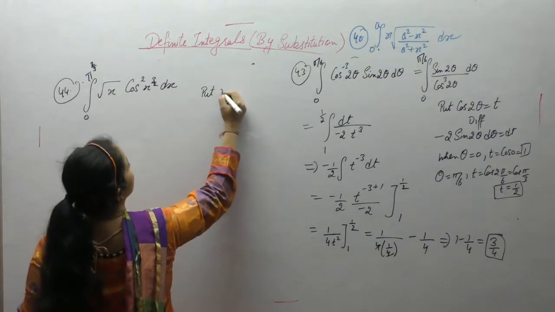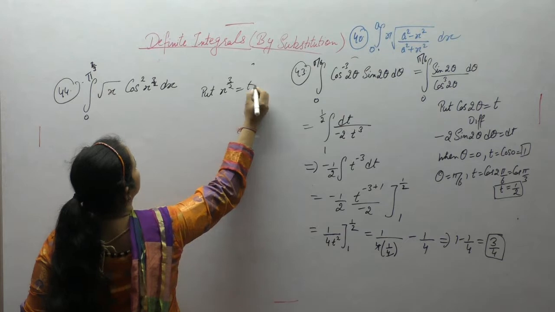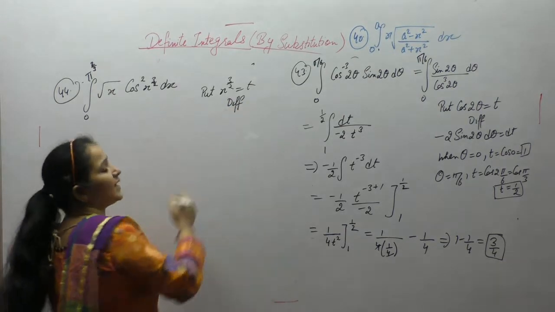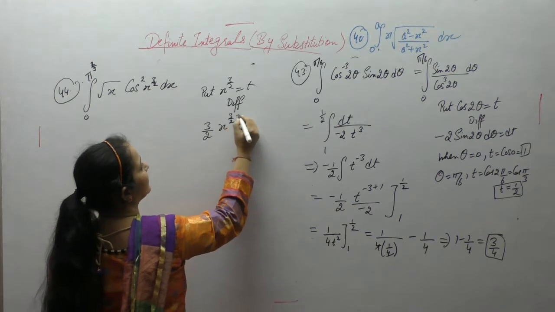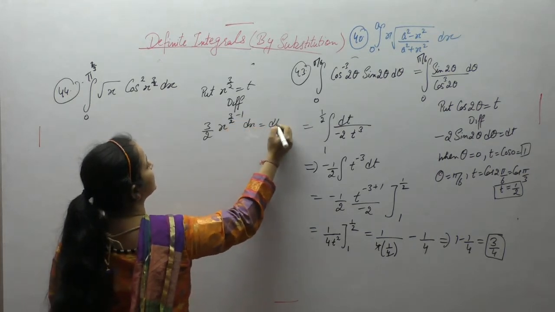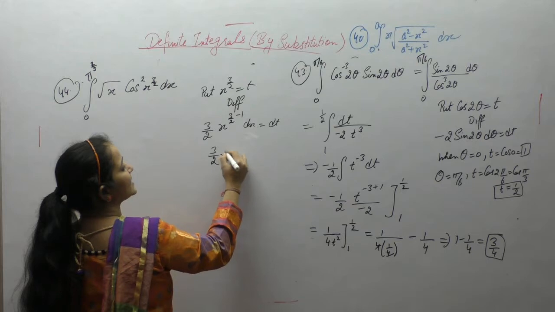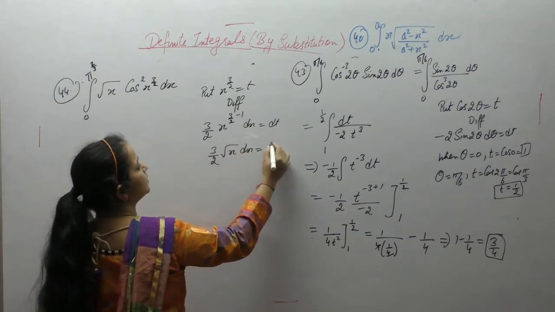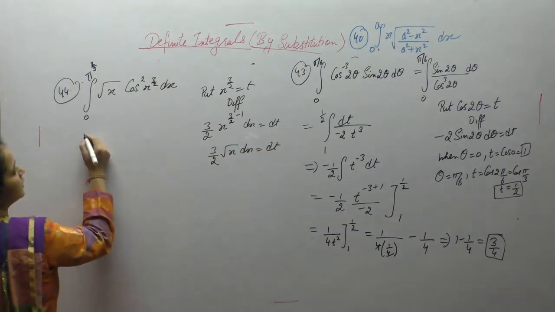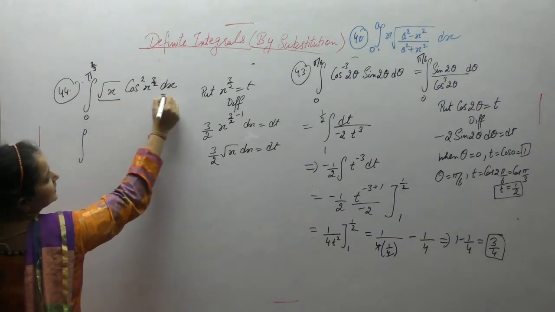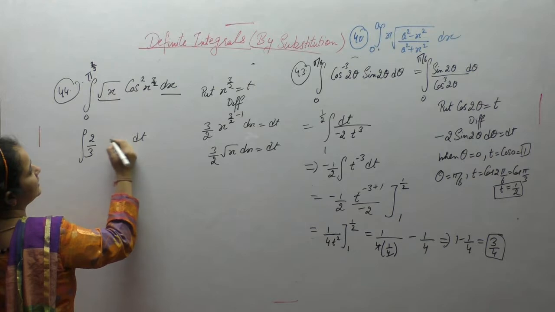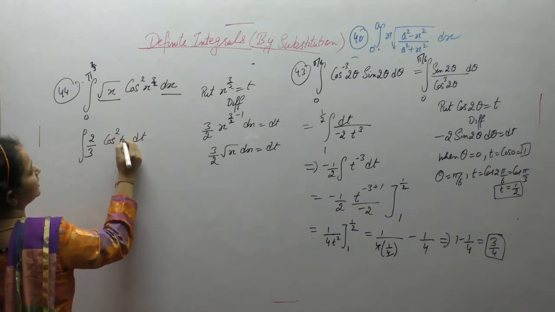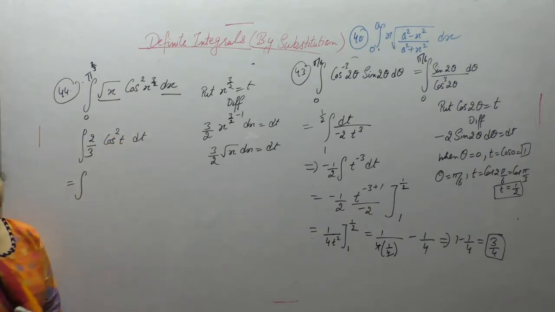So put x power 3 by 2 as t. Derivative of x power n is n x power n minus 1. 3 by 2 minus 1 is 1 by 2. So root x dx is 2 by 3 dt, cos square t.